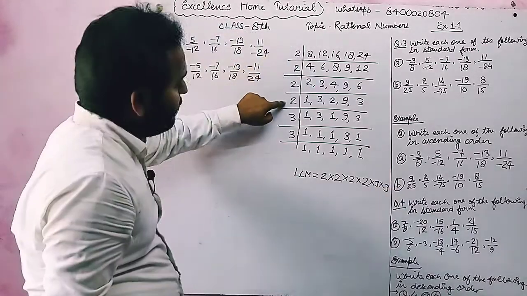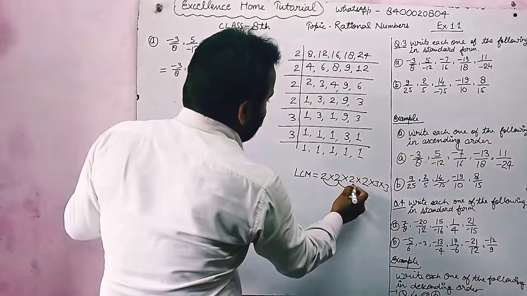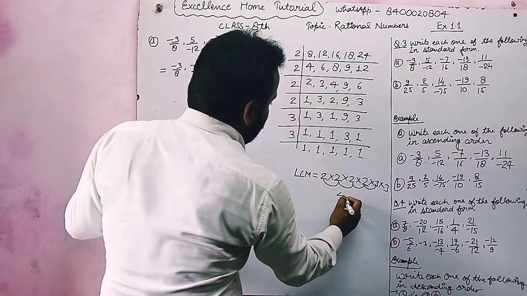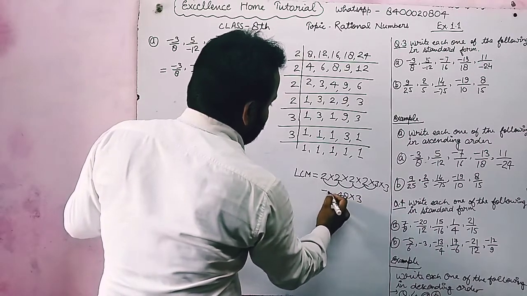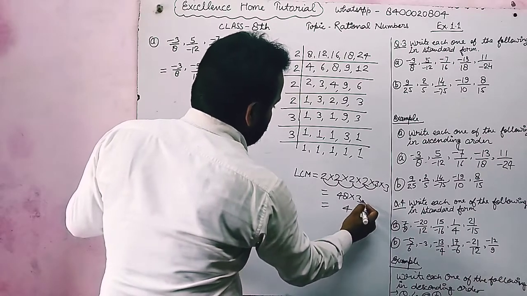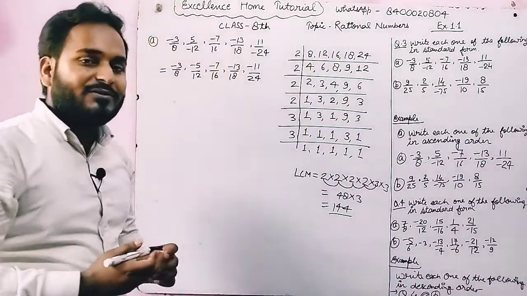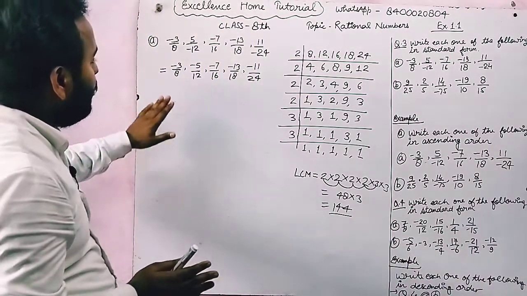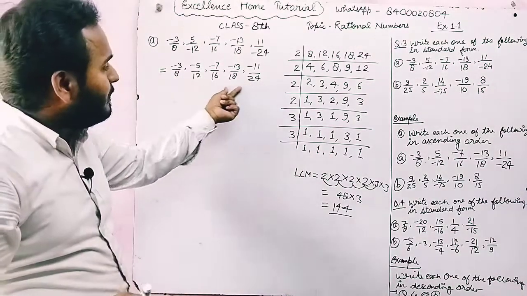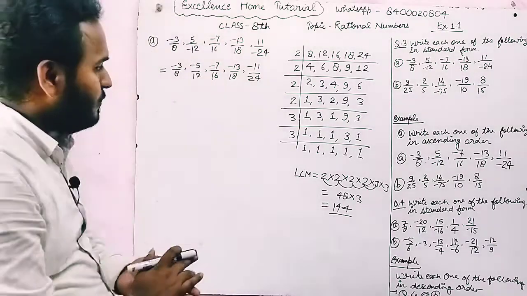That is 4 times 2, and 2 times 3. 2 twos are 4, 2 fours are 8, 2 eights are 16, 16 times 3 is 48, times 3 is 144. So the LCM is 144. So we have to make every denominator equal to 144.